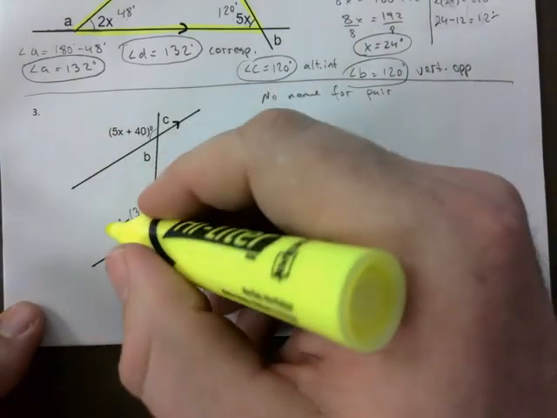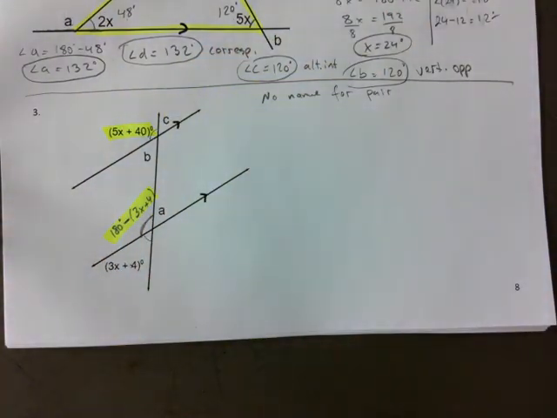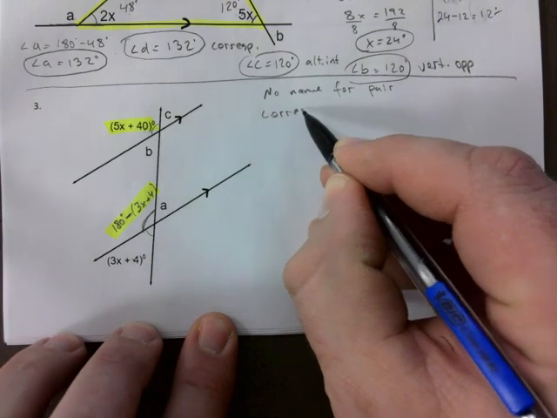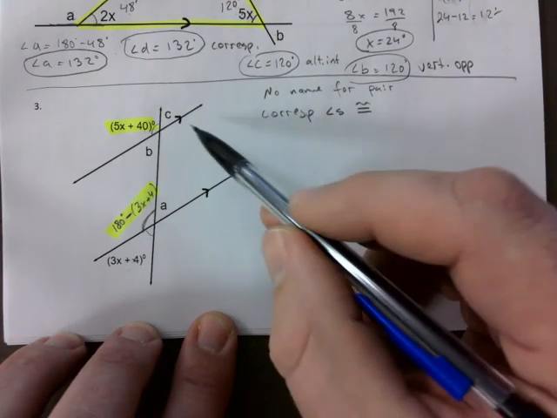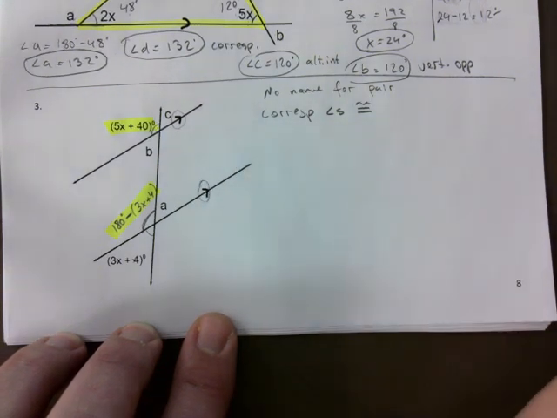And for these two, you do have a name now. And I know that corresponding angles are congruent. We know that because the lines are parallel, right? If the lines are parallel, those four things are always true.